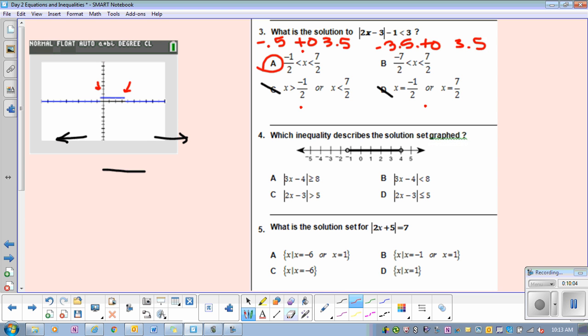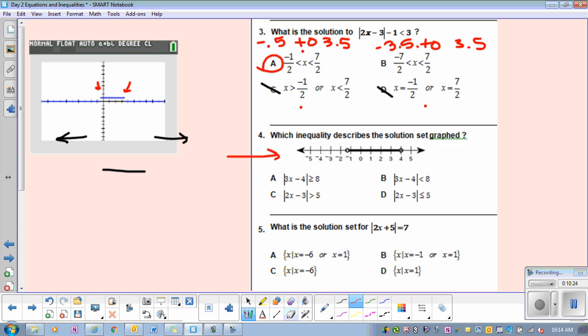So look at number 4. It says, which inequality describes the solution set graph? Okay, so you're looking at A, B, C, and D. Which one of those looks like this graph? First of all, this is an AND graph, right?